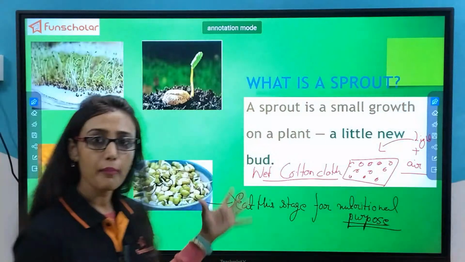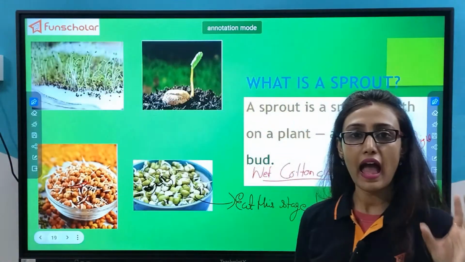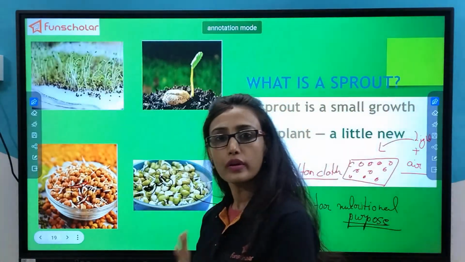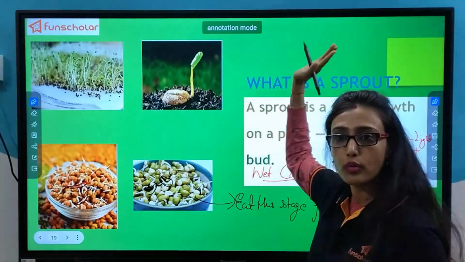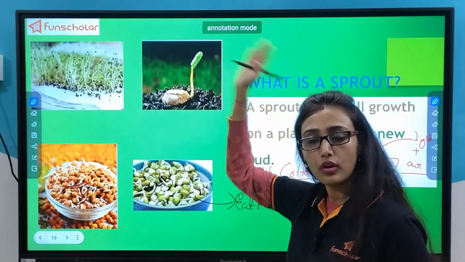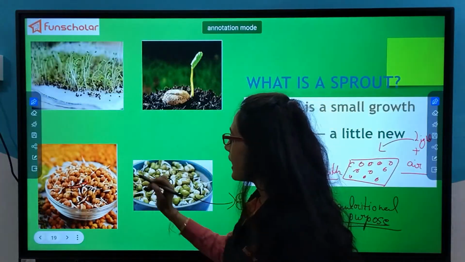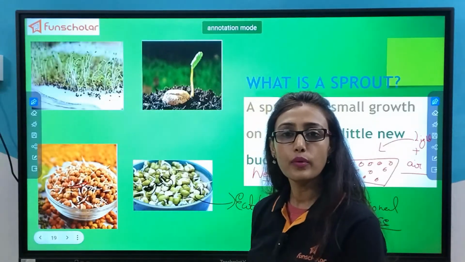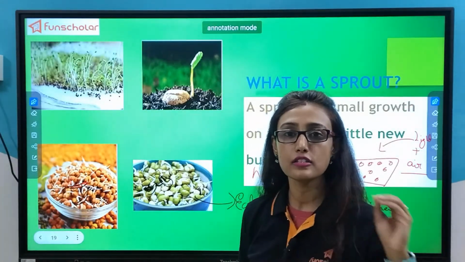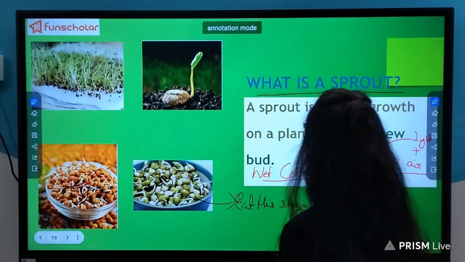So, the developing or germinating seed is known as sprout. Okay, we are not letting this plant ultimately grow into a bigger plant or tree. What we are doing, when the roots are coming out and the cotyledons are active, full of nutrients, we are taking this or consuming this. So that is nothing but sprout. What is sprout?